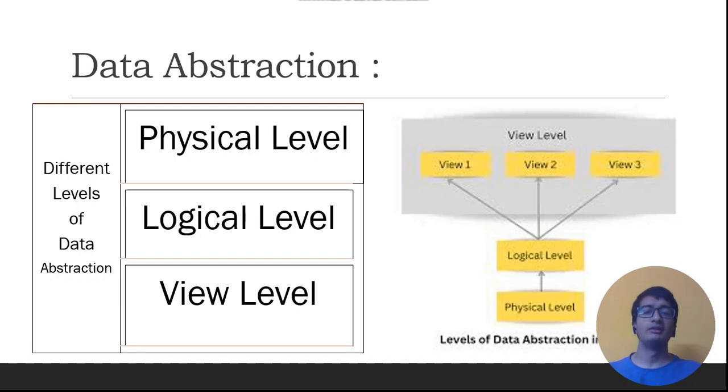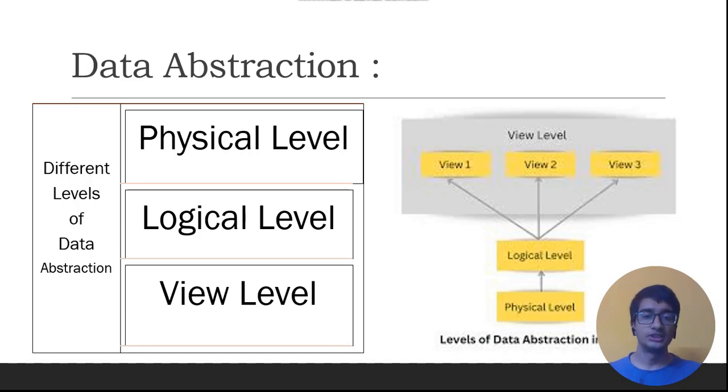And the third level, which is the highest level of data abstraction, is the view level. It describes only a part of the entire database. This level is intended for end users and application programs to interact with the database. So it's basically for the consumer.